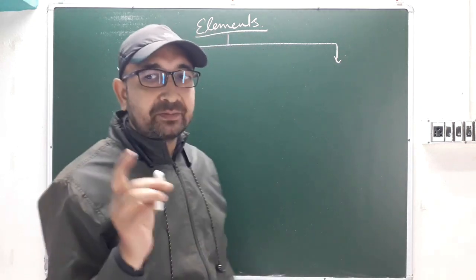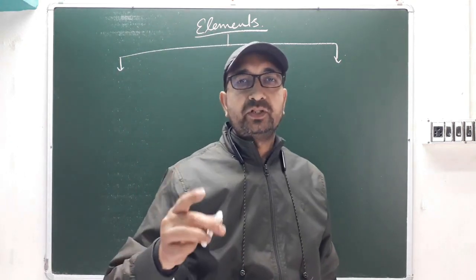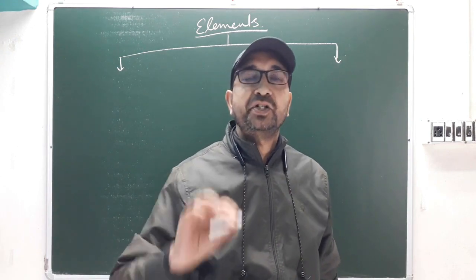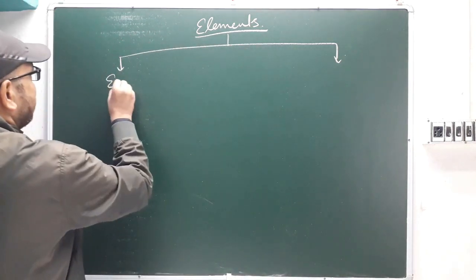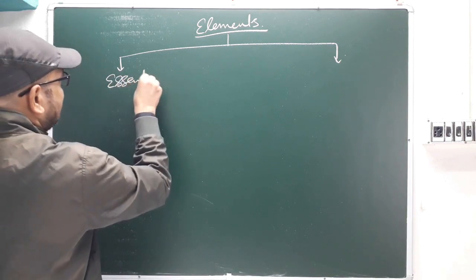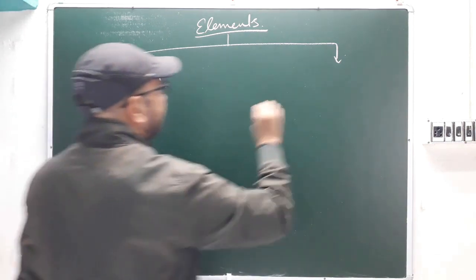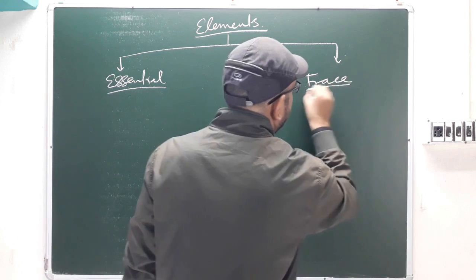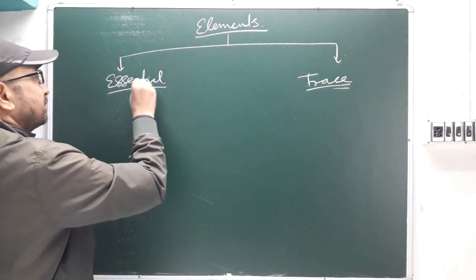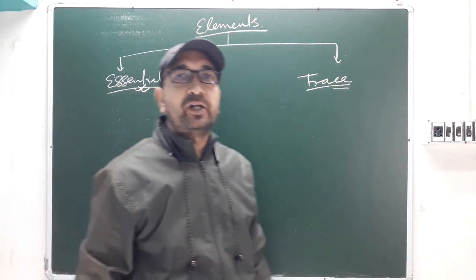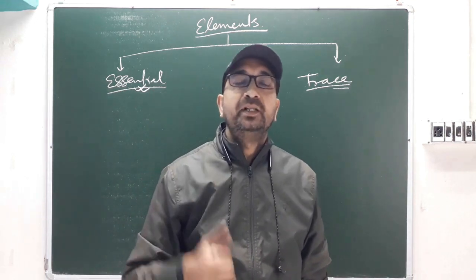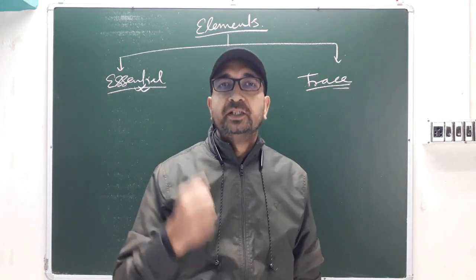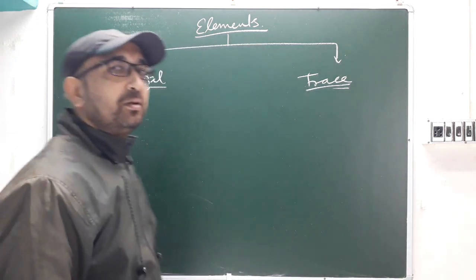In your IIT JAM 2023 syllabus, it is clearly mentioned: essential and trace elements. So now we will see essential elements and trace elements. Essential elements are very much required for your body function. The main elements are carbon, hydrogen, oxygen, sulfur, nitrogen, magnesium.